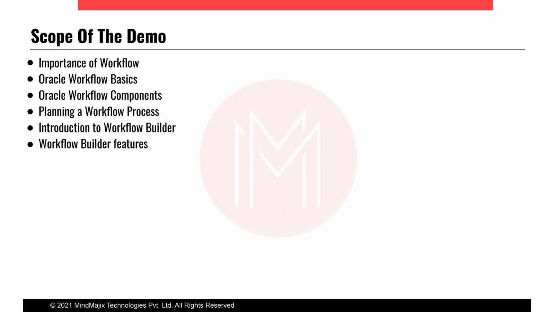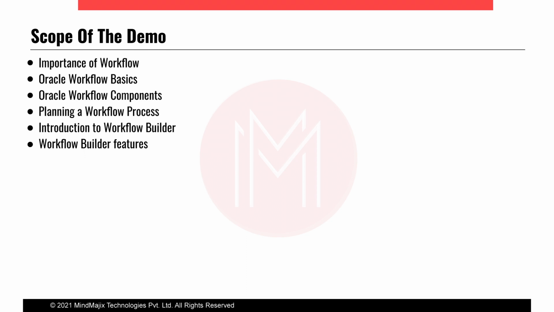Also, if we have an EBS environment and he is logging in on a daily basis, there will be a notification panel in which he will see that he has a notification pending. He has to approve or reject, or it's an FYI notification. So this kind of notification will be there in the workflow. It will automate the process and make the business easier. So this is all about the importance of workflow and workflow basics.